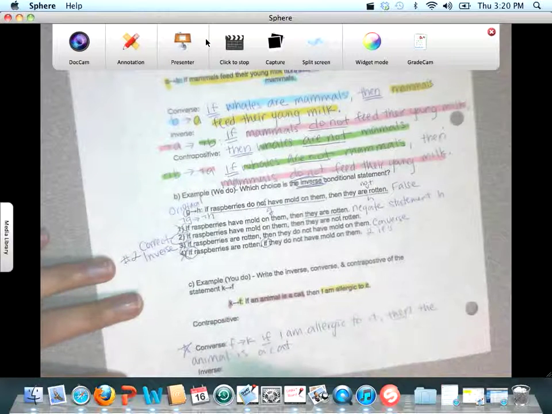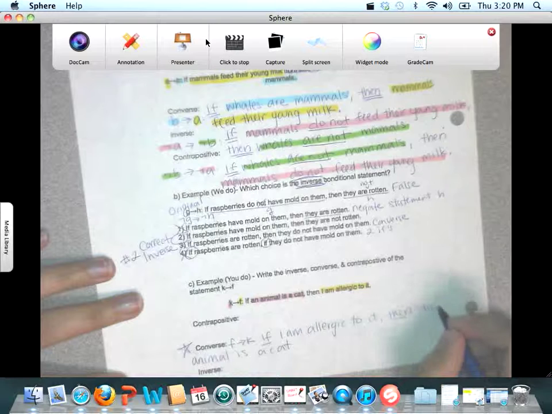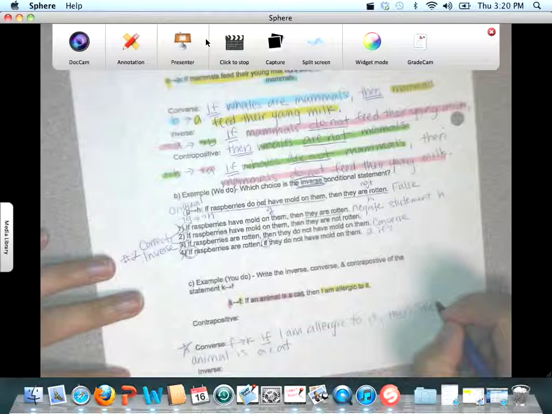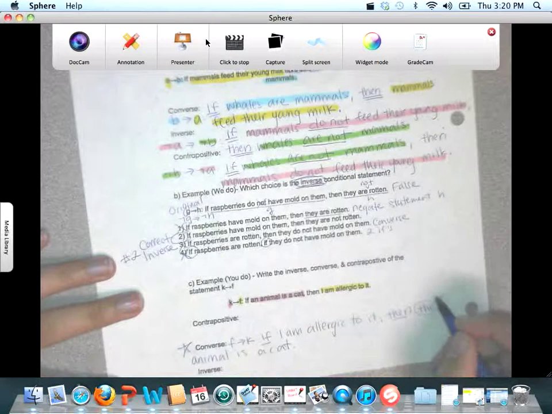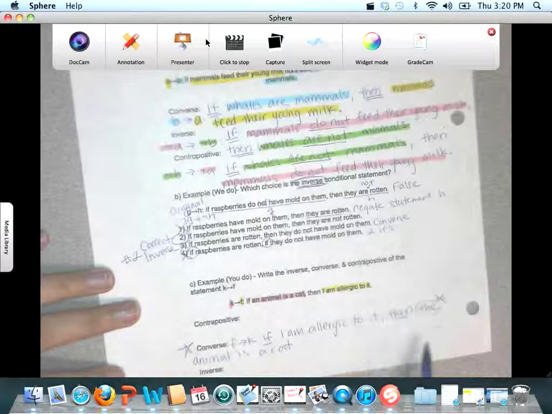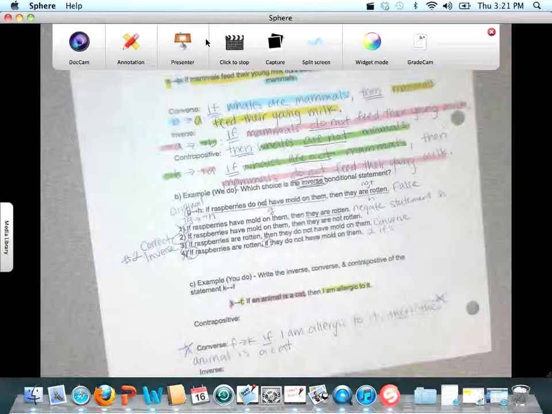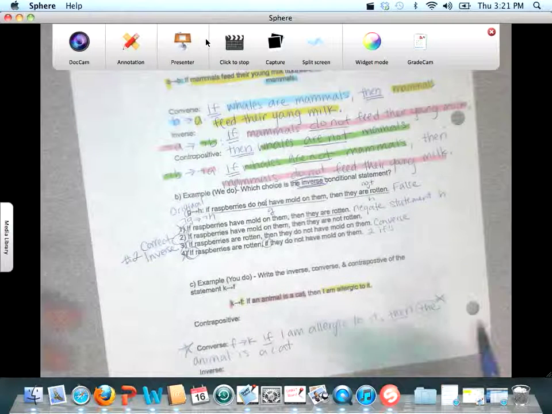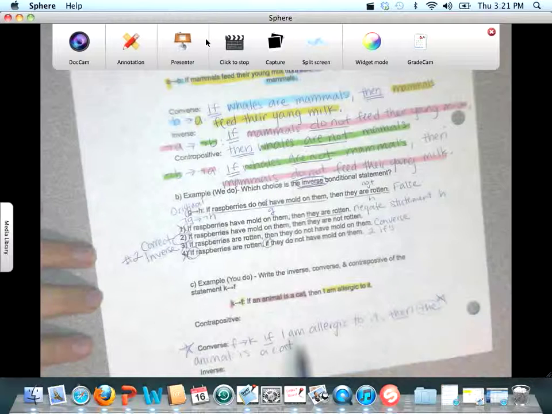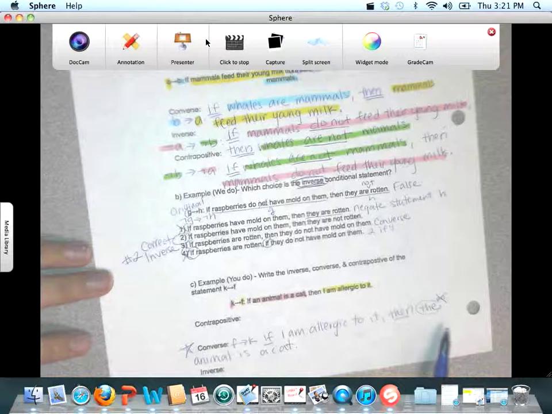Now notice this word wasn't there before. Before it said an, but I decided to take out the an because grammatically it didn't make sense for then an animal is a cat. So I changed it to a the just to make it flow better, which is perfectly allowed because I did not change the meaning of the statements. So this is the converse.